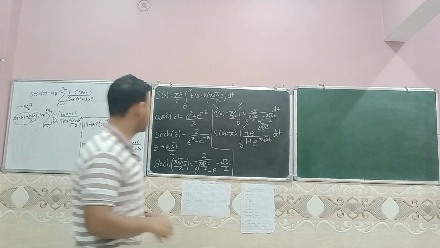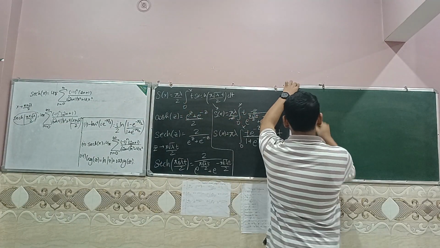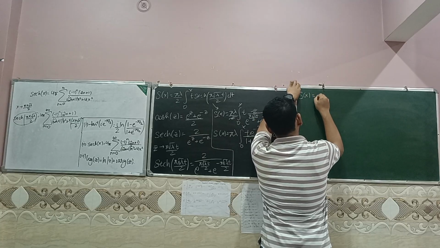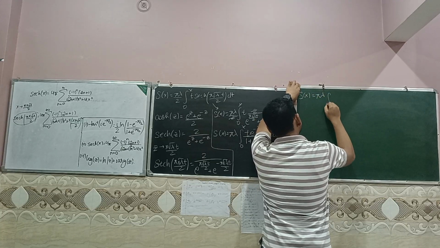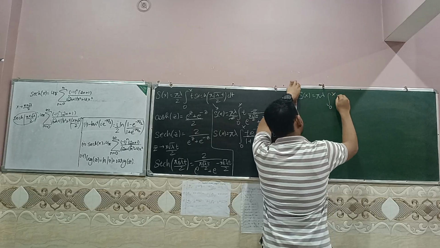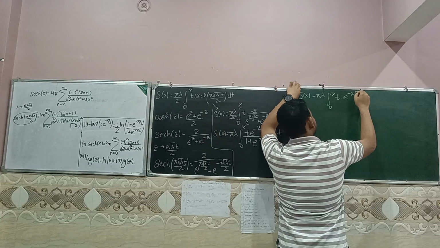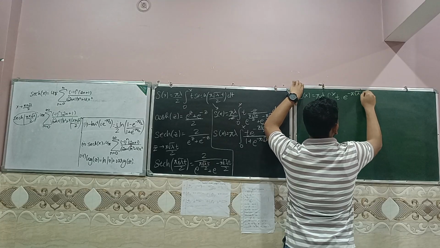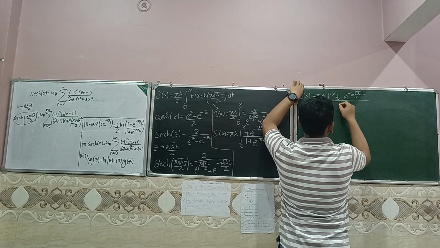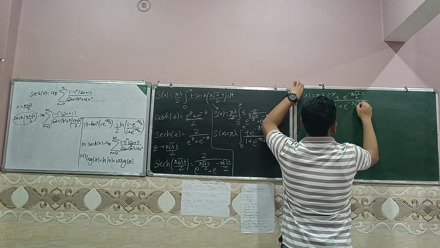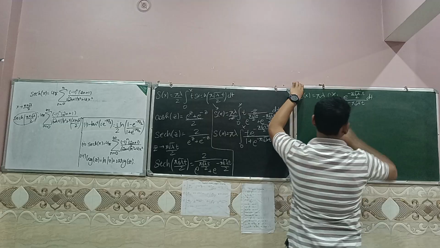So we have S of x as pi times lambda times the integral from 0 to x of t times e to the negative pi square root of lambda times t over 2, over 1 plus e to the negative pi square root of lambda t, dt.